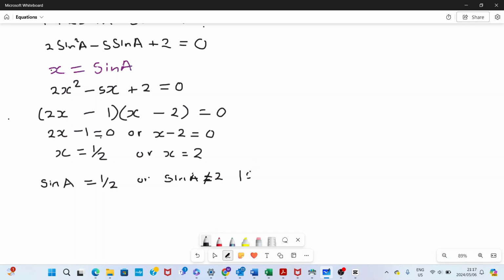Why? Because the absolute value of sine A cannot exceed 1. So at this point here, we are almost done.